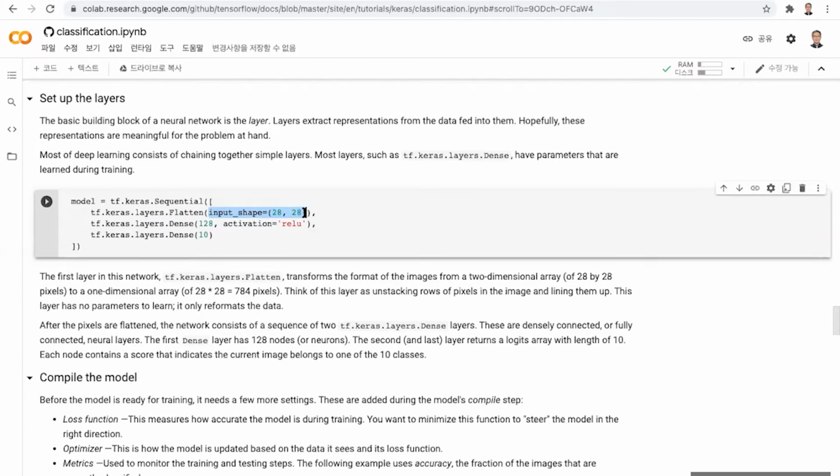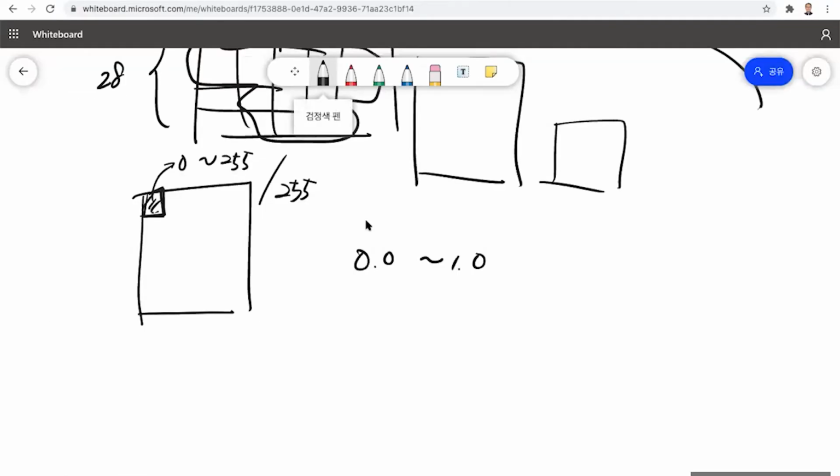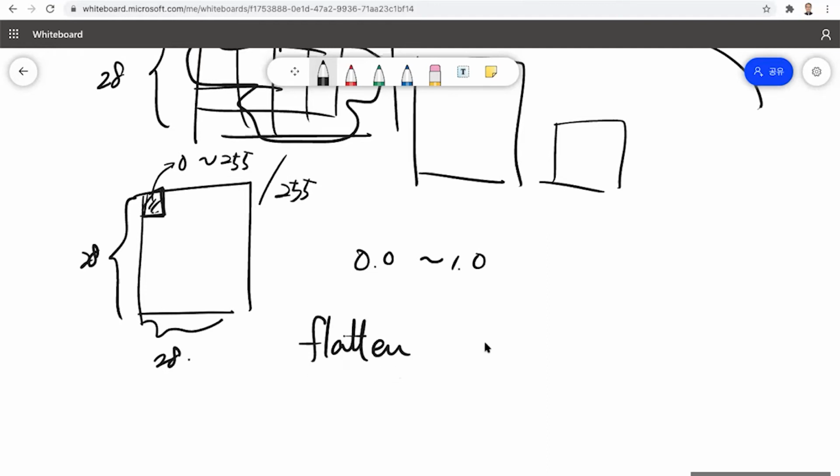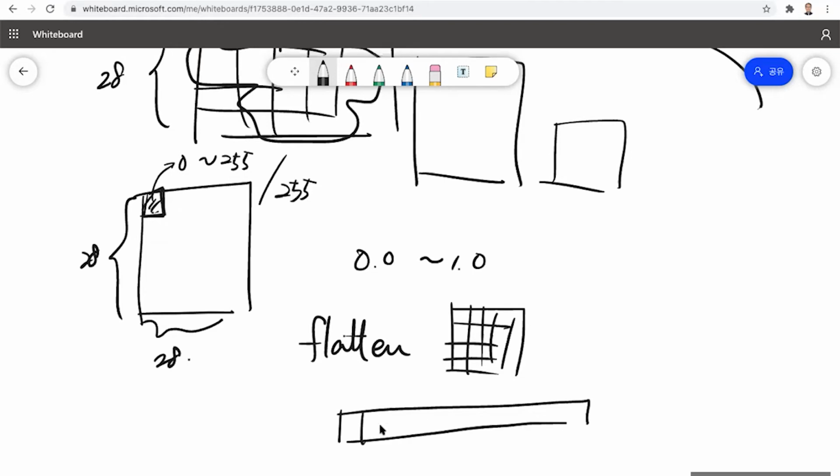Our input shape was 5 or 6 because we just had 5 or 6 columns. But here the input shape is 28 by 28. That means our input is 28 by 28, and the Flatten layer takes this shape of data and makes it one big row. That's the meaning of the Flatten layer.